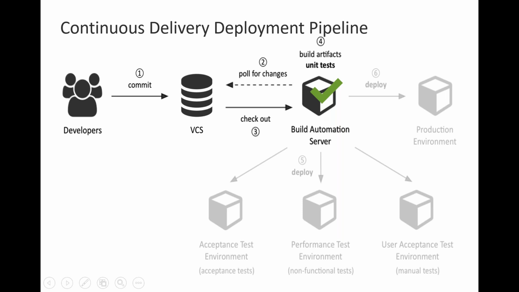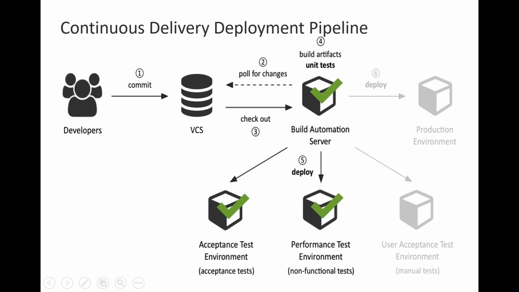Once the test cases and code coverage are good, it deploys to the acceptance test environment and runs those test cases, then deploys to the performance test environment and runs the functionality test cases, and deploys to the UAT environment and runs the test cases there. If all pass, finally it deploys to production and runs all the production test cases.